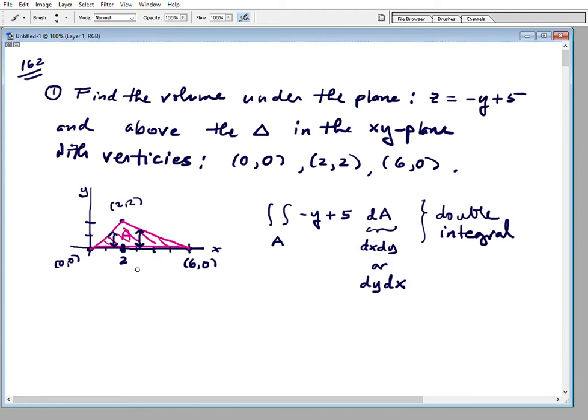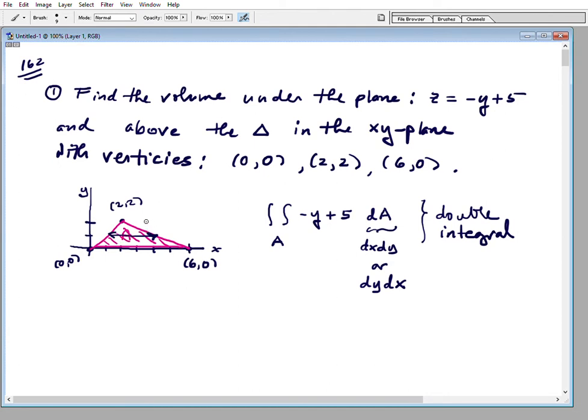So let me get rid of those arrows. Okay, so we would rather go this way, and that's the x direction. So x can go from this line to this line throughout A. We won't have to split it up if we do dx first. So that's what we're going to choose to do.